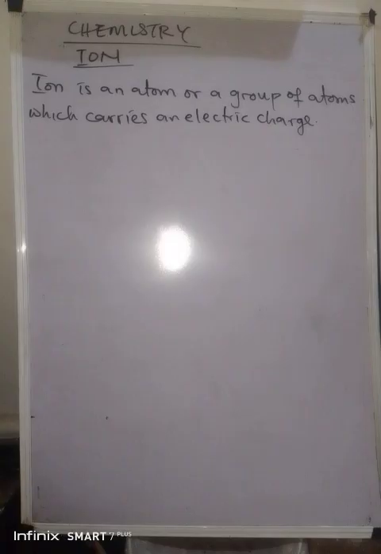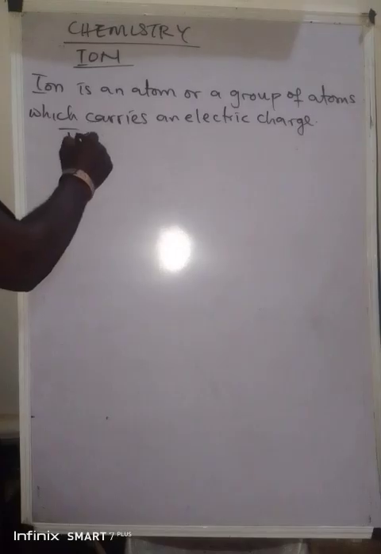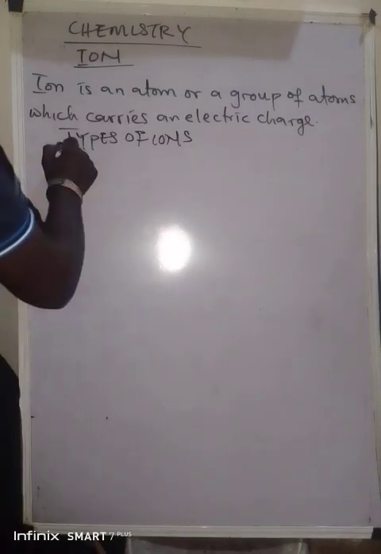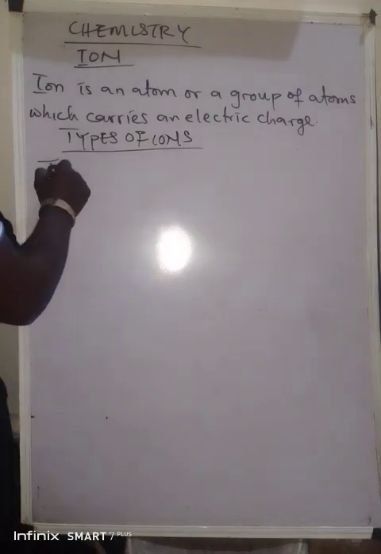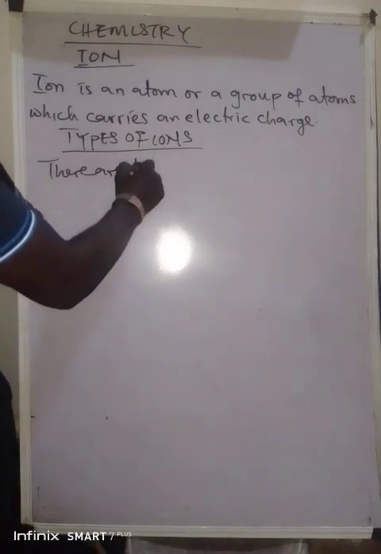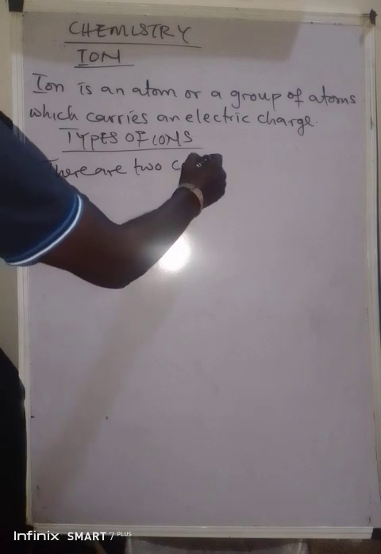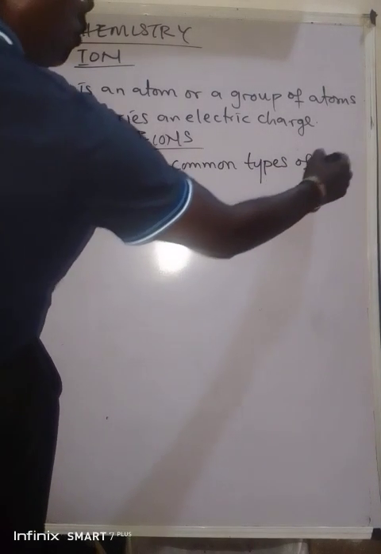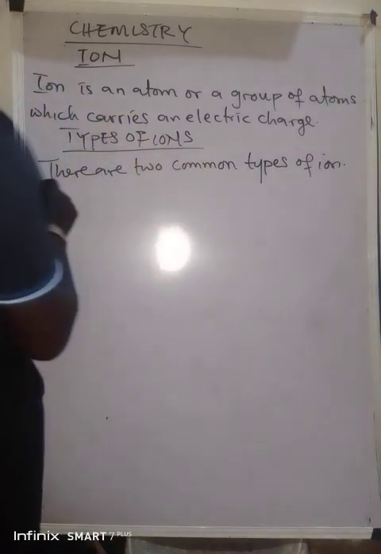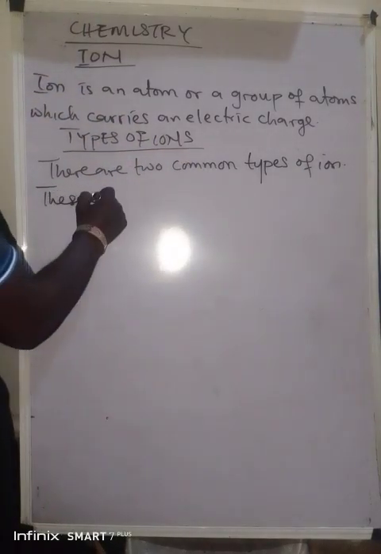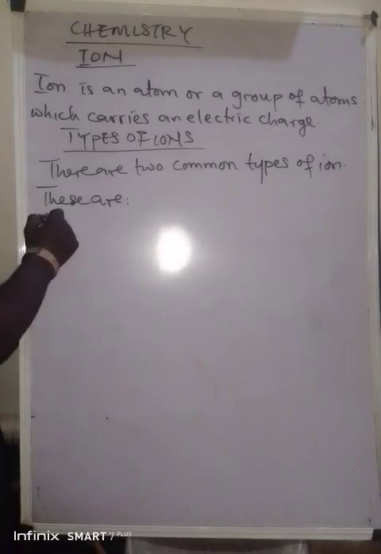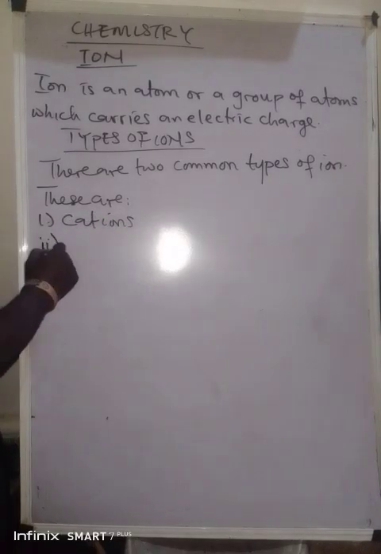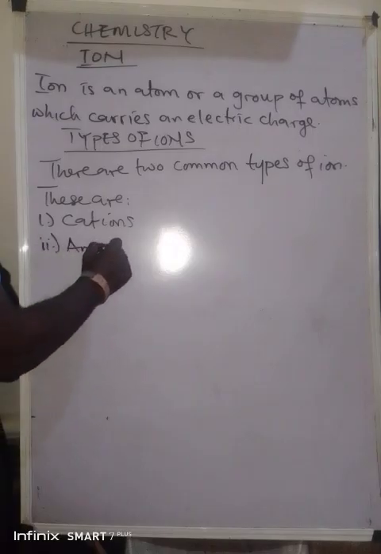So let's look at types of ion. There are two common types of ion. These are cations and anions.